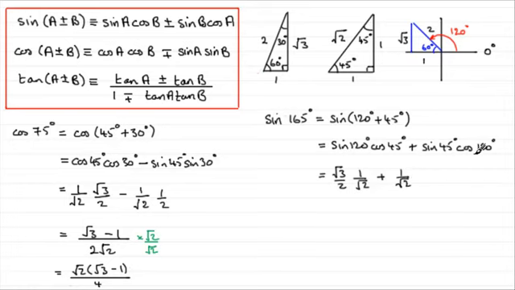Cosine 120 degrees. Cosine 120 degrees is not quite the same as doing the cosine of 60 degrees. Because when you're in the second quadrant here, when you're between 90 and 180 degrees, cosine is negative. Do you remember your quadrants? All, sine, tan, cos gave the positive trig ratio.